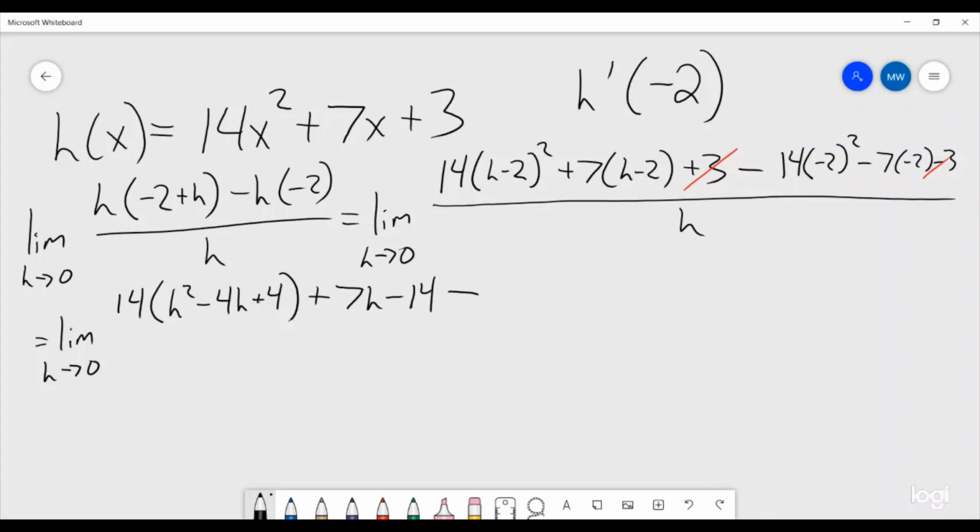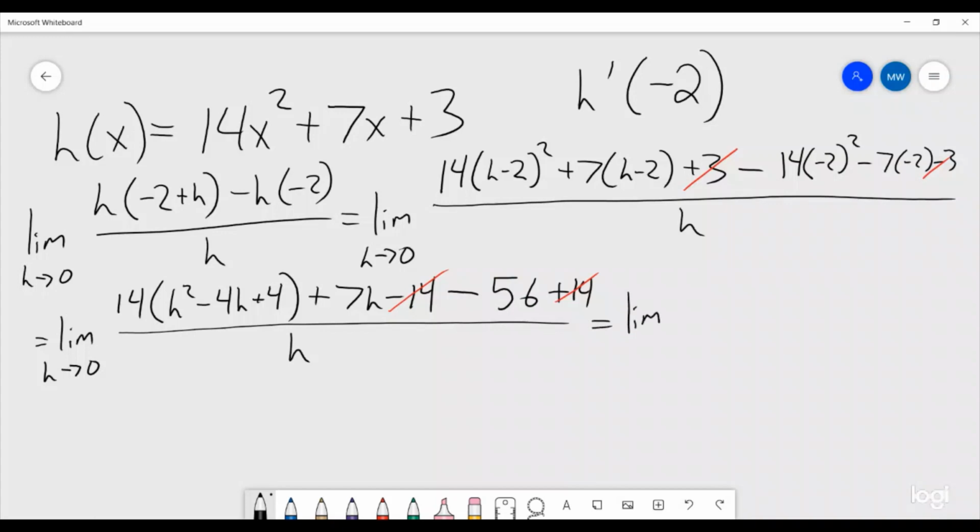And then minus, let's see, what is this? 14 times 4. 14 times 4, that's 40 plus 16. So that's minus 56. So we have a minus 56 and then a minus 7 times negative 2, so that's a plus 14. Okay, this time that 14 and that 14 can cancel. And that is all over h.